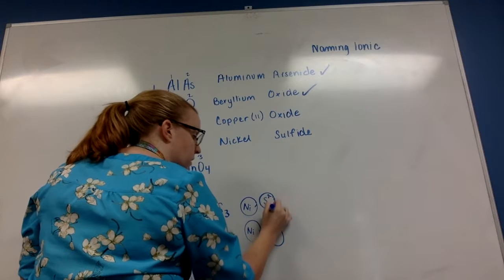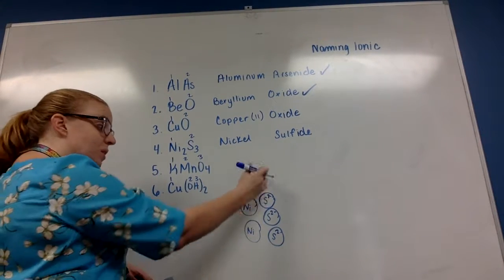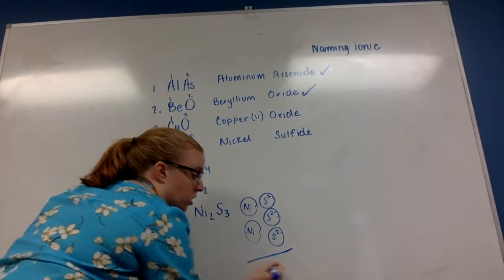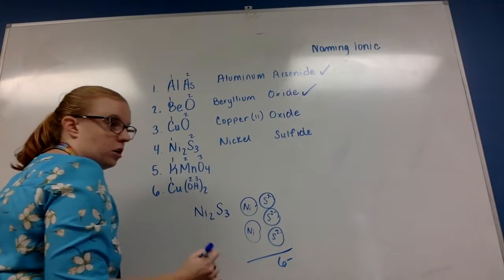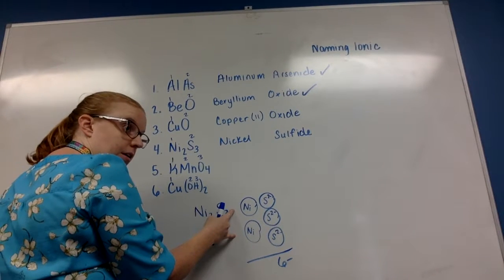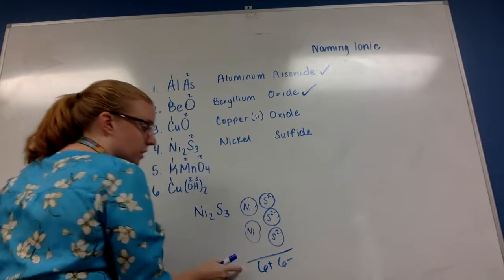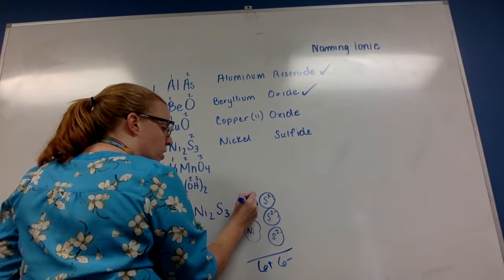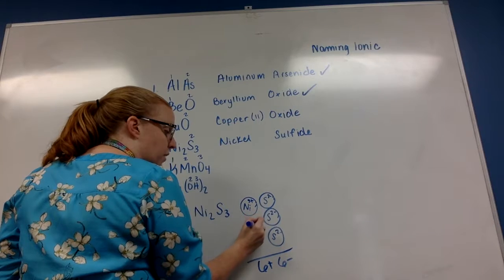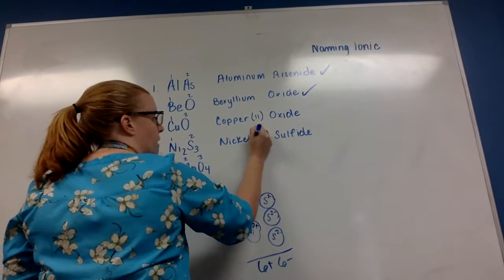So that's always a 2-, 2-, 2-. This gives me a -6 charge. So that means that these have to add up to +6. Plus 3, plus 3. There's 2 of them, so each of them is going to be 3 plus. So it's nickel 3 sulfide.